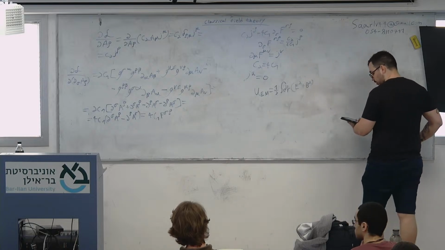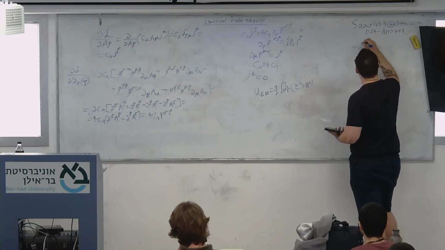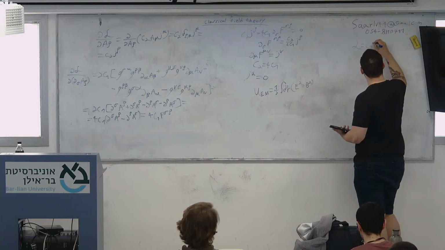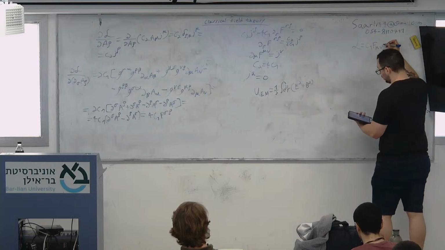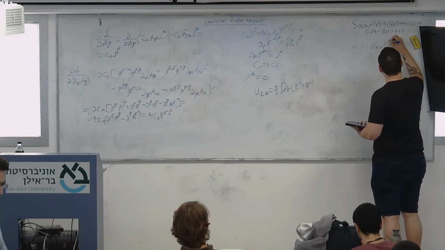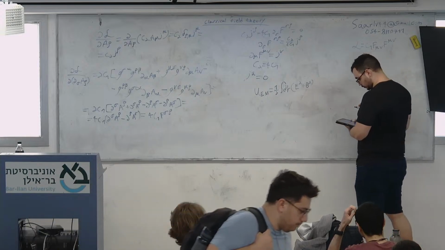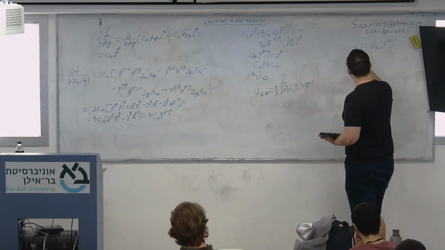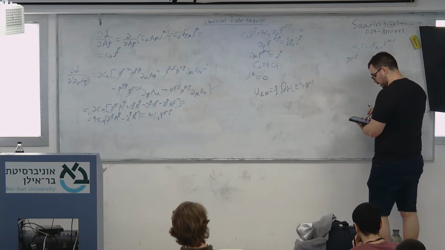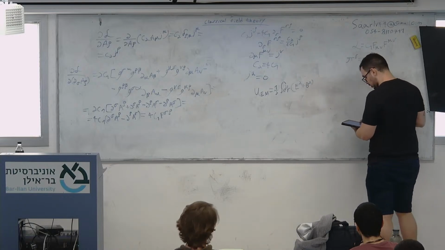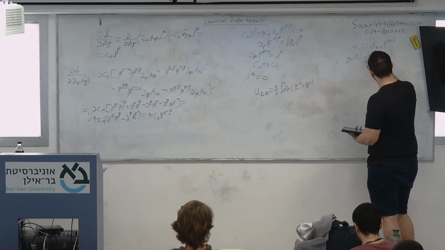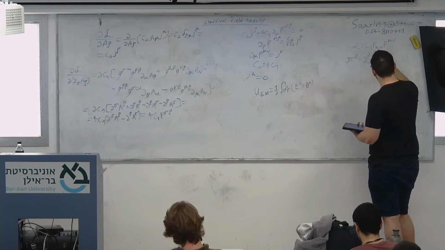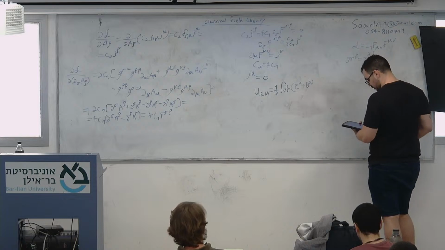If we have no charge or current, our Lagrangian is equal to C1 F mu nu F mu nu, and the canonical momentum is equal to the derivative of this Lagrangian with respect to the time derivative.